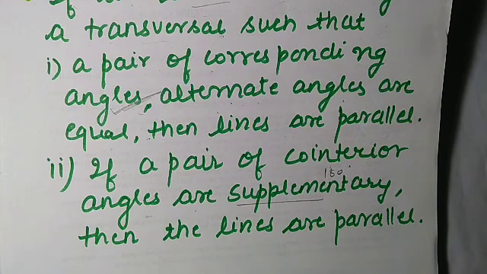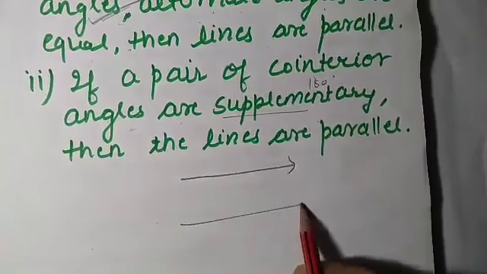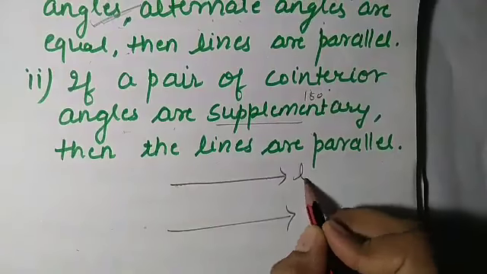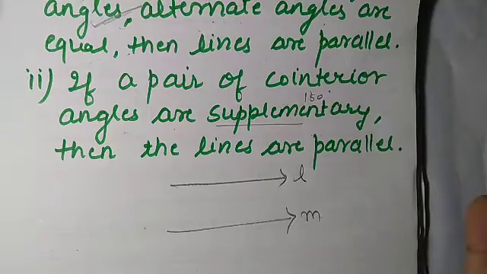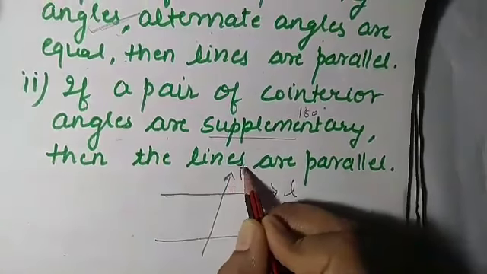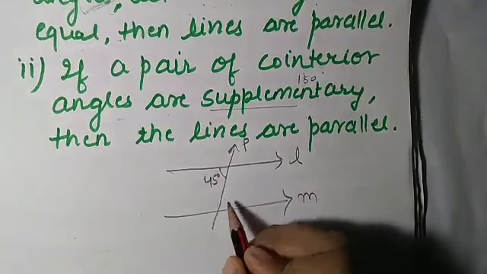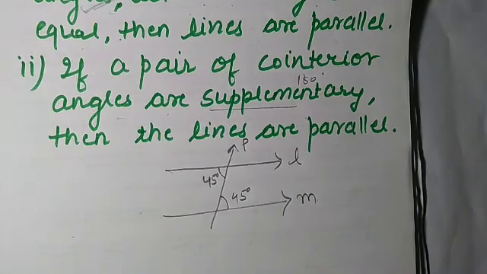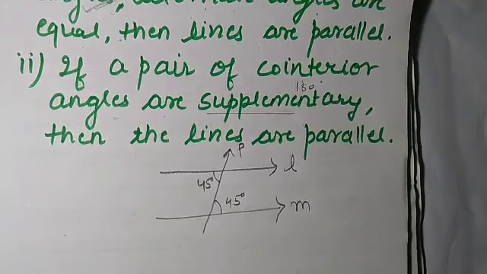So let me give you an example of this concept. Suppose these are two lines. I am not saying they are parallel. In the question it is written that L and M are two lines and P is a transversal. This angle is equal to 45 degrees and this is also 45 degrees. Now tell me, are these two lines parallel? You have to just check these conditions. If corresponding angles are equal, then we can say lines are parallel.